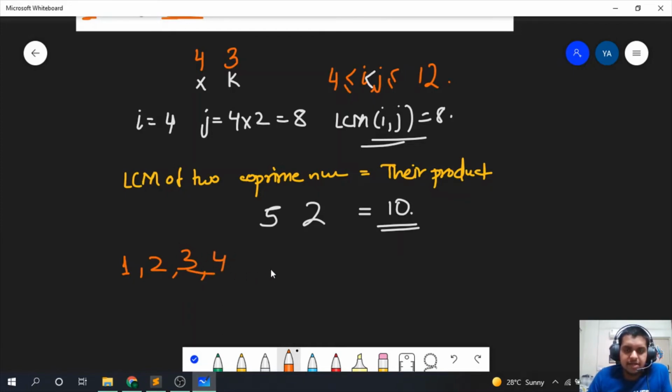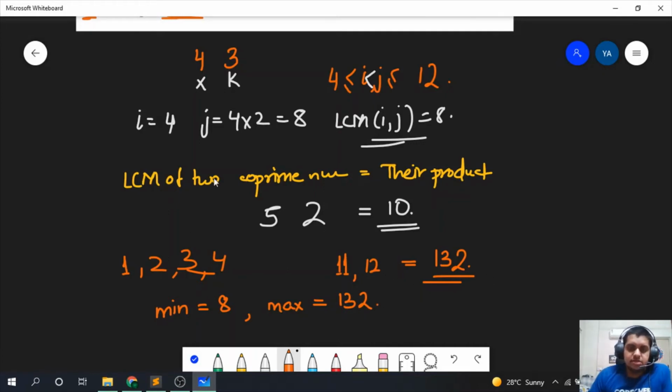In the same way, we have to choose numbers between 4 and 12, so we take the two largest numbers, 11 and 12. These are coprime, so their LCM is their product, 11 times 12, which is 132. So the minimum LCM is 8 and the maximum LCM is 132.